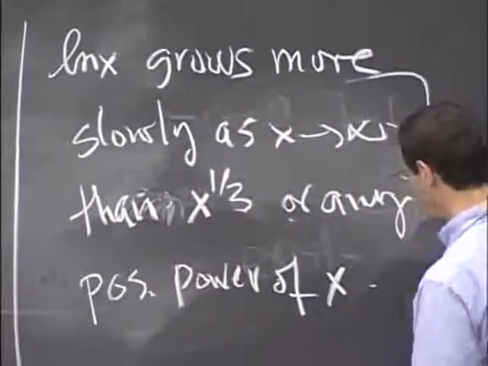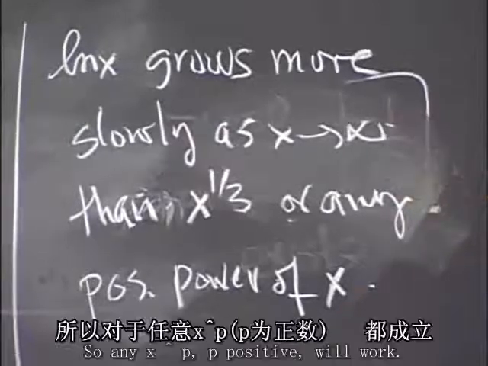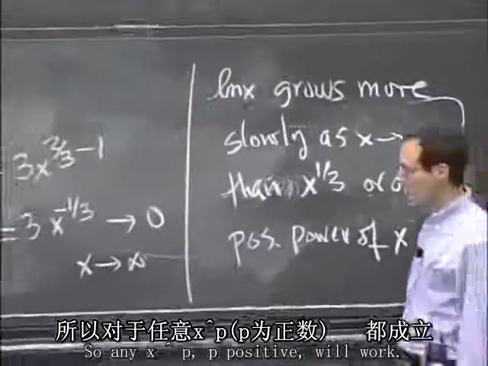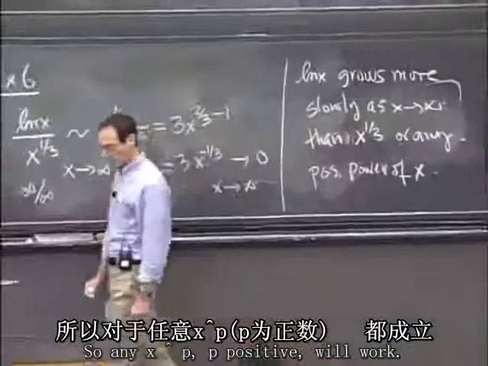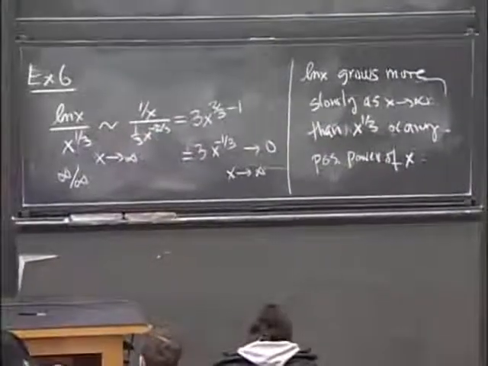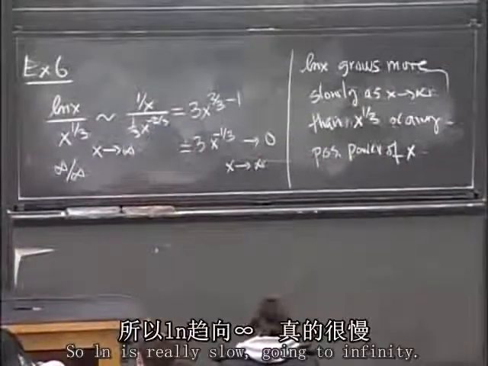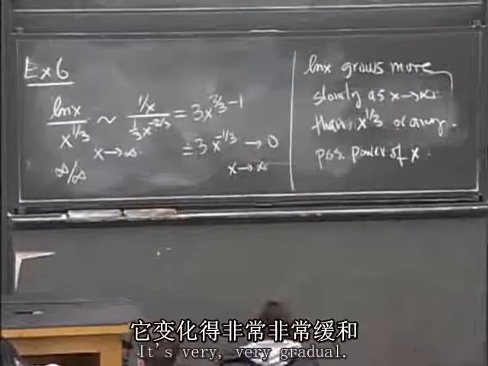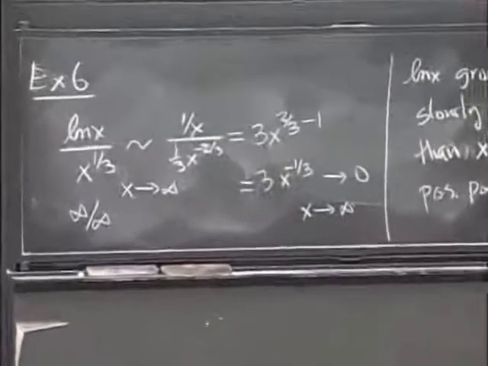Okay? So any x to the p positive will work. So log is really slow going to infinity. It's very, very gradual. Yeah, question?